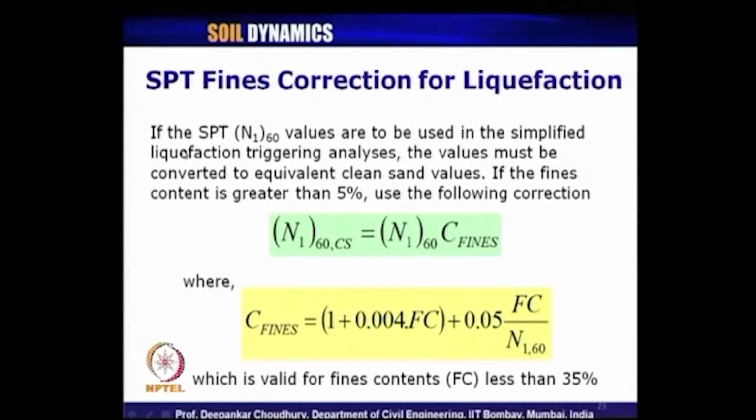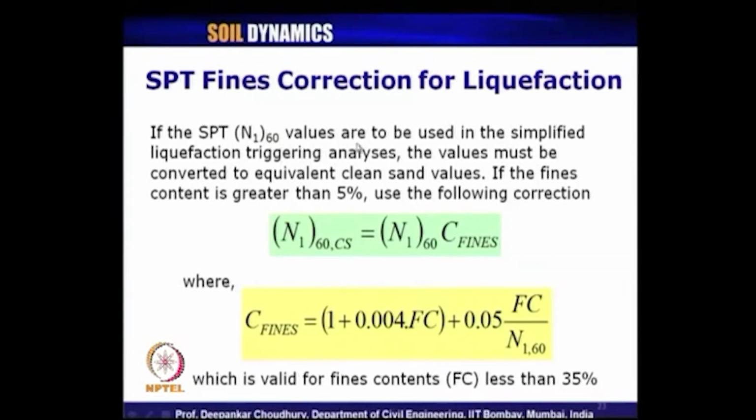It says, if SPT N160, where N160 is the corrected SPT value after doing all the corrections which we have discussed just now. That is, for any static case also we have to do those corrections: overburden correction, energy correction, borehole diameter correction, rod length correction, sampler correction. So, after doing all those corrections, we already obtain the N160 value.